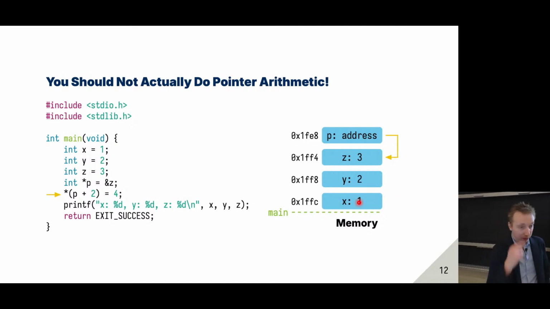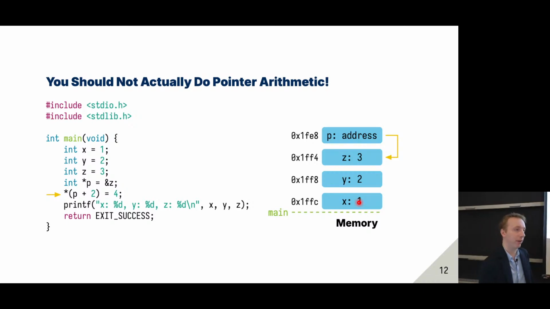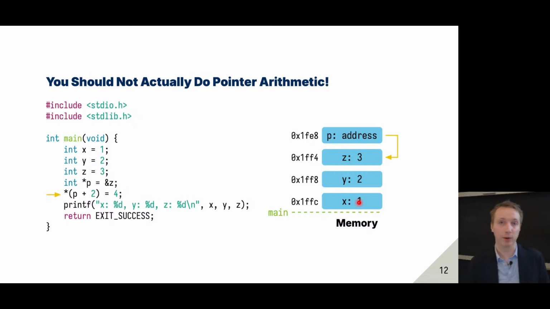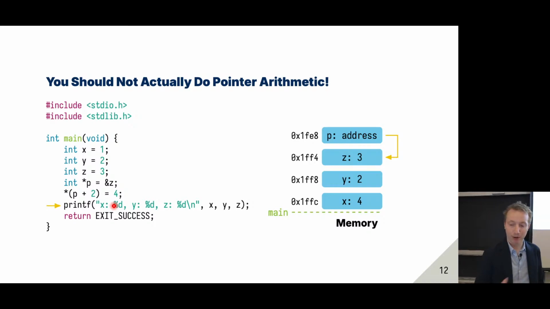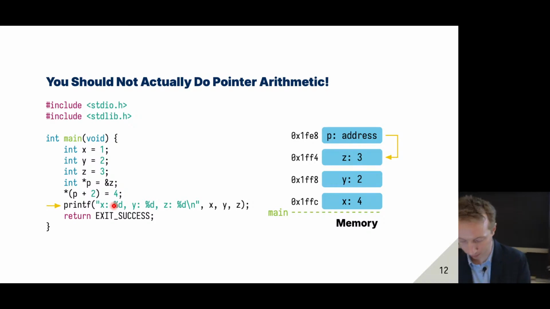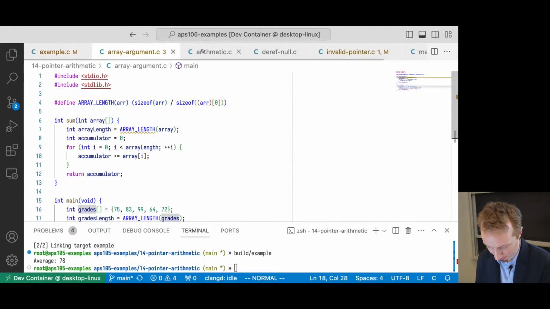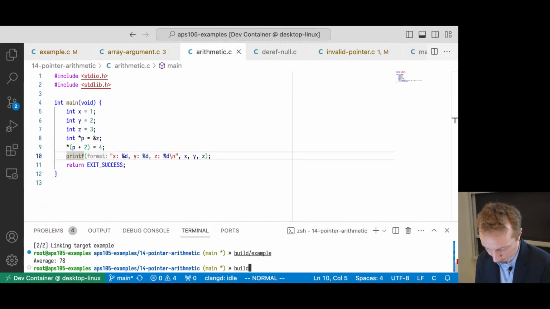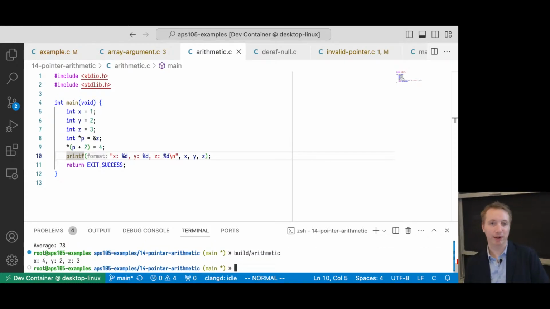So now p plus 2 is a pointer that points to x. If we dereference it, we're accessing the value of x, which is 1, and then we change it to 4. Now when we print this off, we get 4, 2, 3, which is weird. Just to show you that you actually do get that, we get 4, 2, 3.